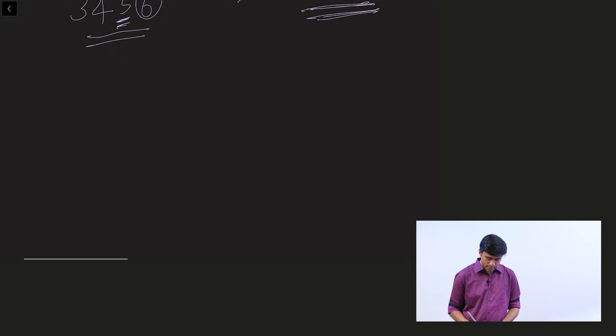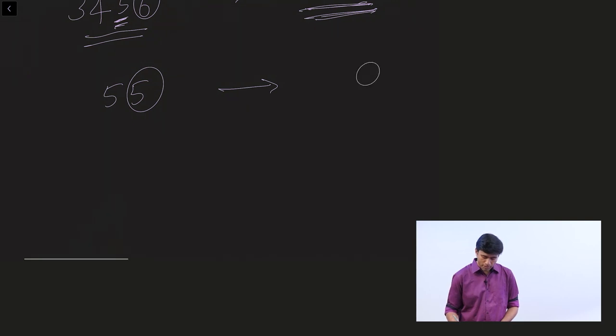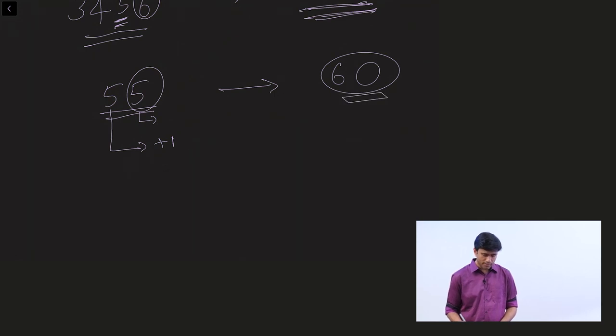What about this? 55. Remember, if the ones place is 5 or greater than 5, you have to put 0 in the ones place and add 1 to the tens place, 60. So 55 is rounded off to 60. This is how you do rounding off to the nearest tens.